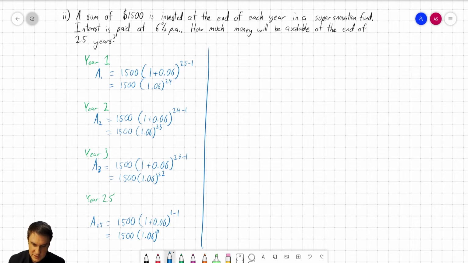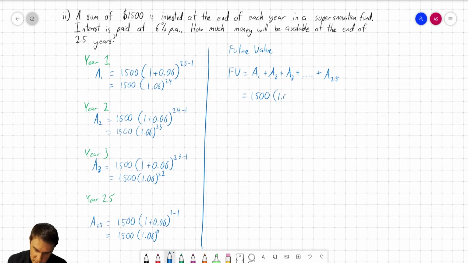So now what we want to do is we want to work out what the future value of this is going to be. So for this case, we're going to have the future value is equal to A1 plus A2 plus A3 plus ... all the way up to A25. So let's establish this here. So we've got 1,500 times 1.06 to the power of 24 being A1.